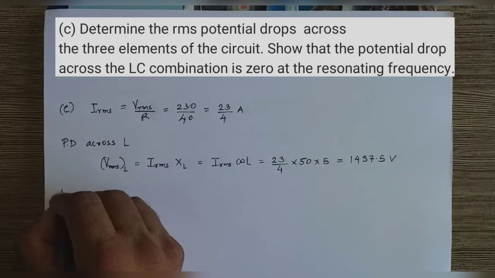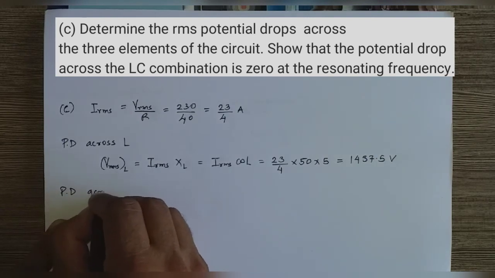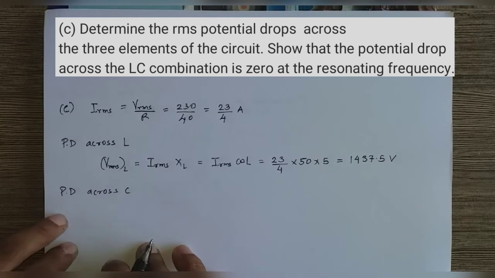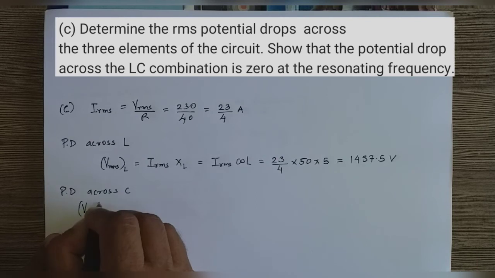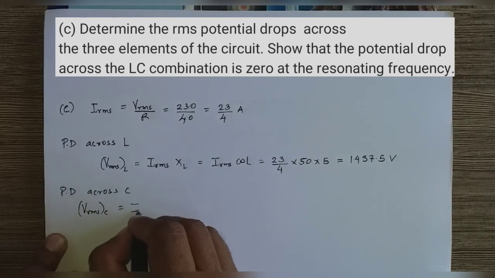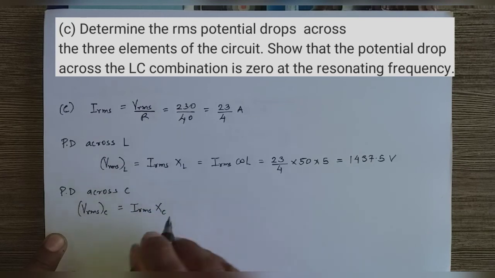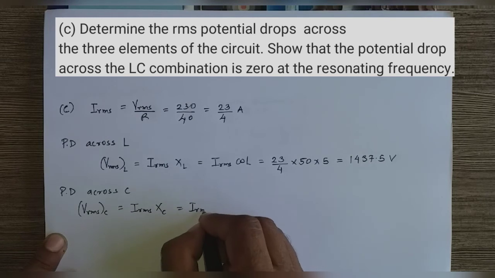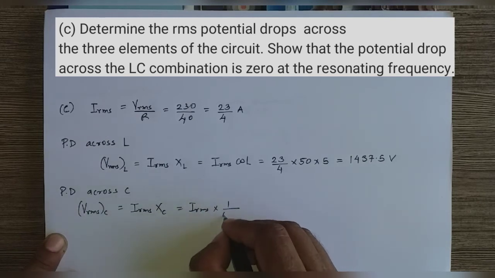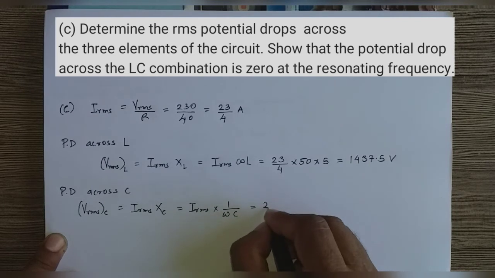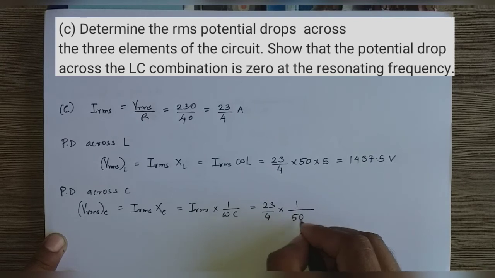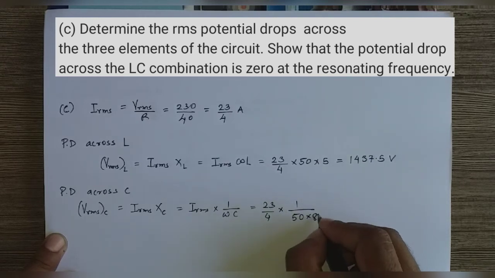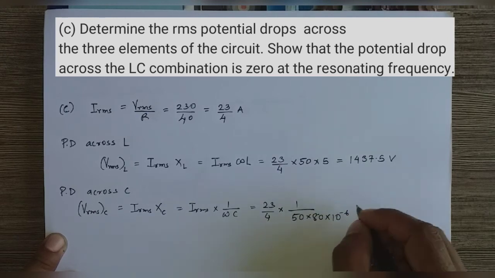This is the voltage drop across L. Now the potential drop across C. VRMS of C is equal to IRMS into XC, the capacitive reactance, which is 1 by omega into C. Putting values, it is 23 by 4 into 1 by 50 into 80 microfarad, which is 10 raised to minus 6.